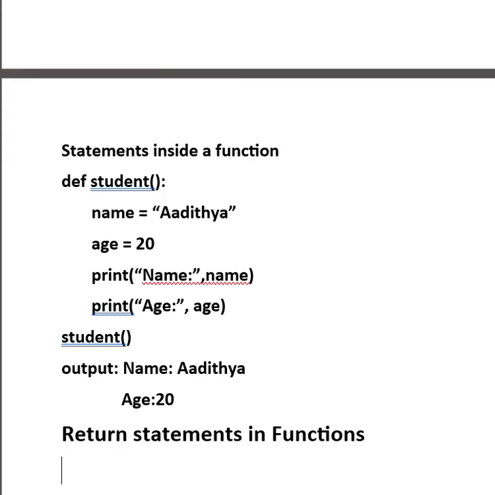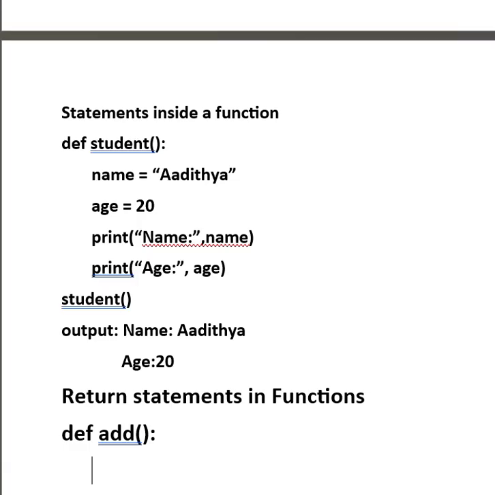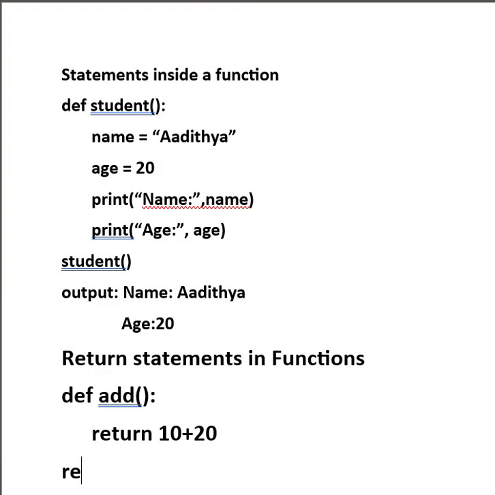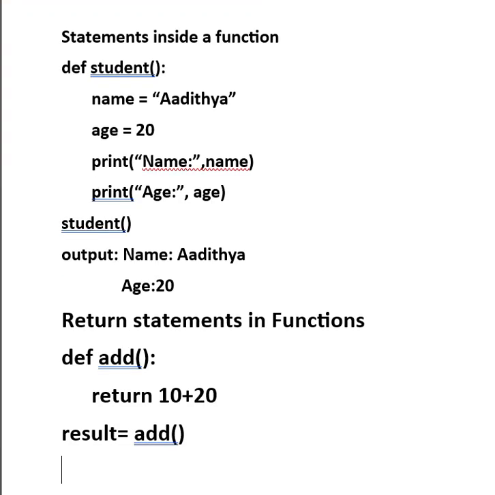For example, I'm going to take a function named add. I'm going to return 10 plus 20, and then take a variable result is equal to add.